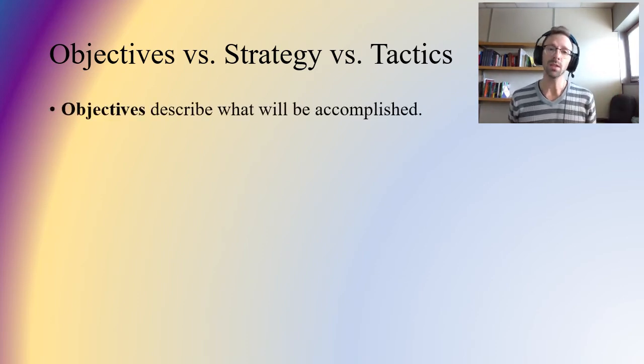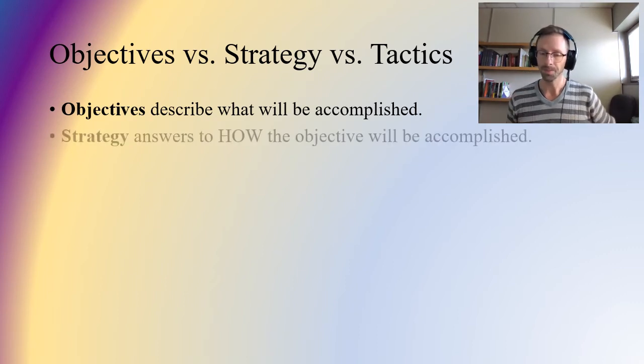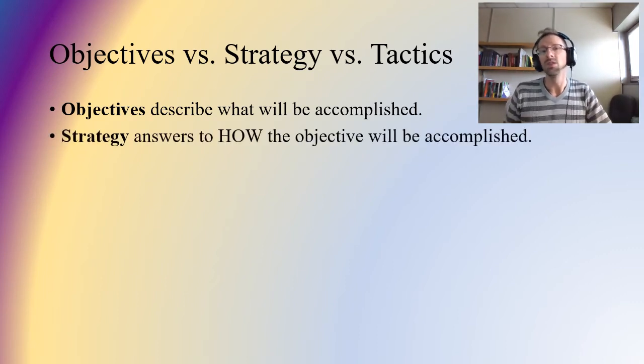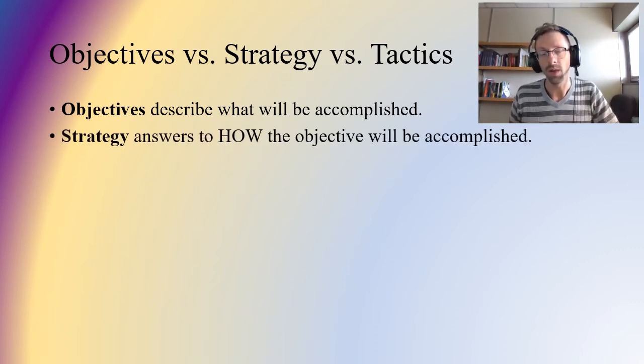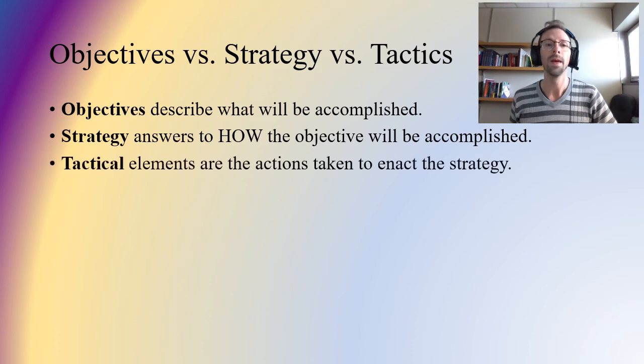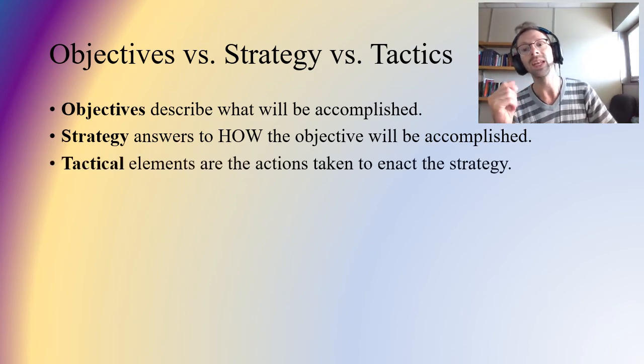So objectives describe what will be accomplished, whether that's the outcome objectives or the communication objectives. These are separate things. The strategy answers how the objective will be accomplished. What will you do to reach that objective, which will support the program goal? And tactical elements are smaller. Those are the individual actions that you will take to enact the strategy.